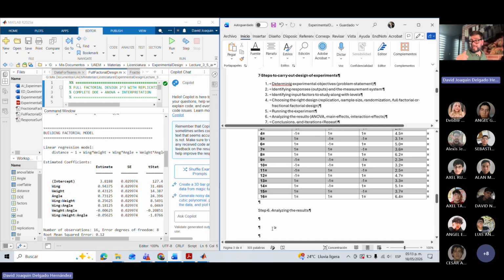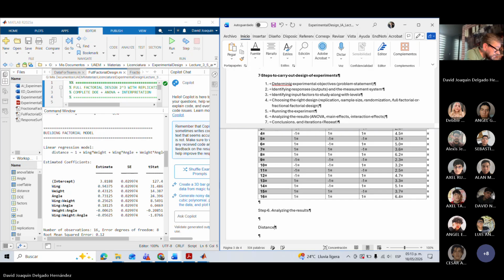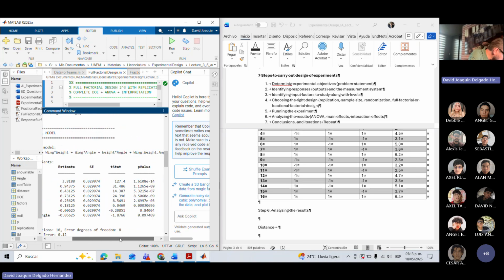Do you remember in Excel last week that we did some similar exercise? So the formula will be that distance equals the intercept, which is, let me see if this is statistically significant.